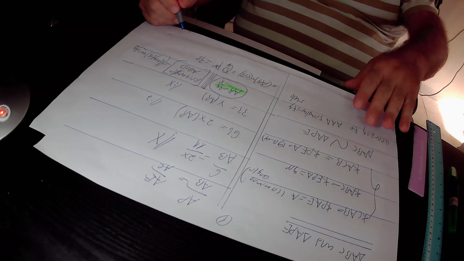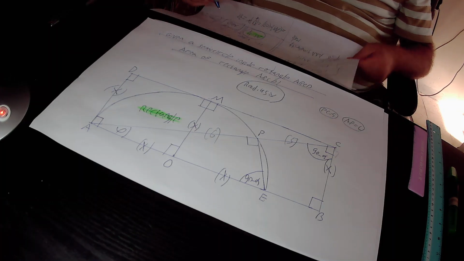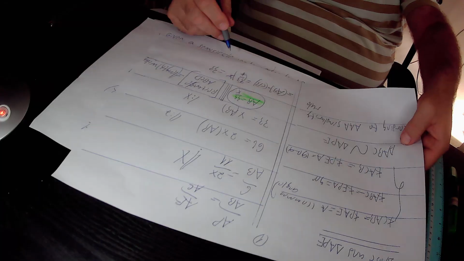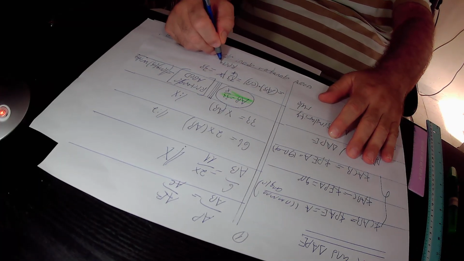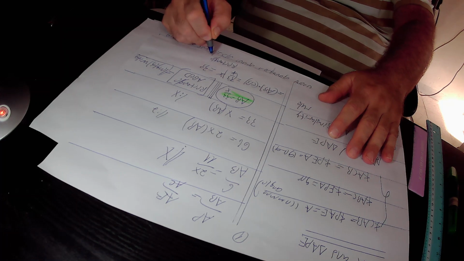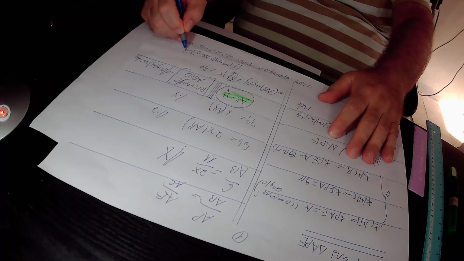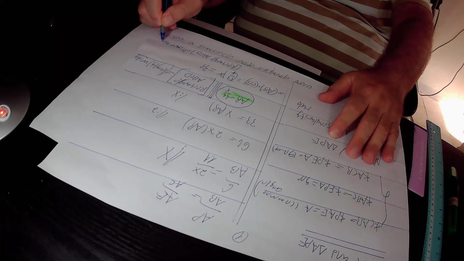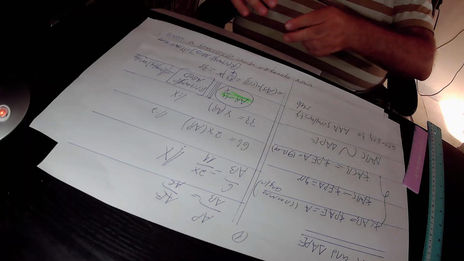So we found that the area of this rectangle ABCD is equal to 33 square units. And that is the answer to the first question.